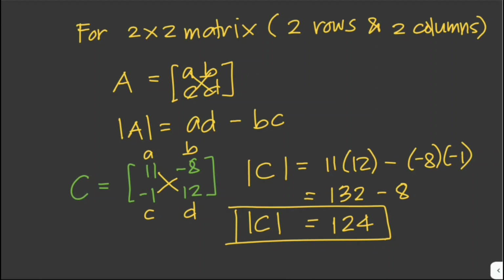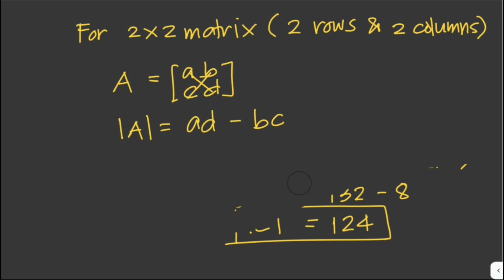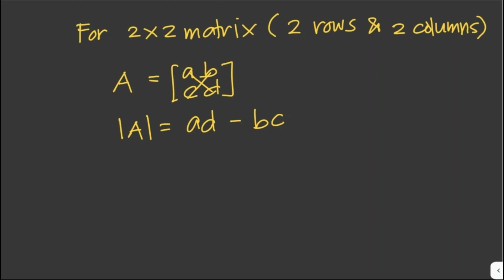All right, let's try another problem for a 2 by 2 matrix. Let's say we're given this matrix Y, which has components 2, negative 3, negative 1, 4.